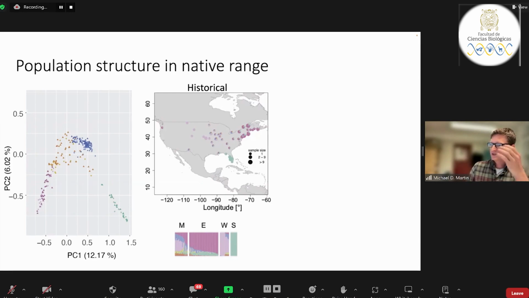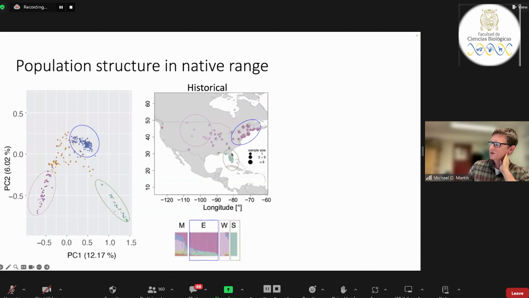So we put all of those genomes on a PCA and colored them by, or tried to color them by, the locations where they had been collected. Okay, so this is all samples collected before 1940, going back to something like the early 1800s. And we see some general patterns, okay, that the samples from the northeast part of the US and this part of Canada are kind of mostly focused here on the PCA.